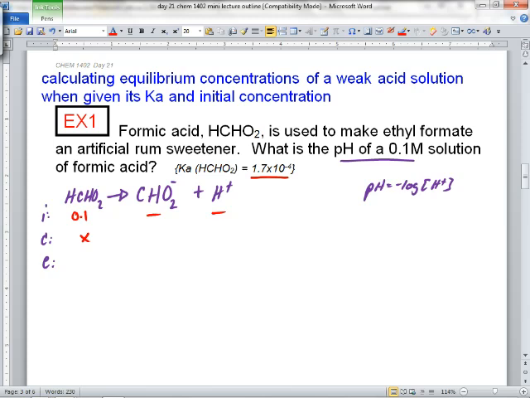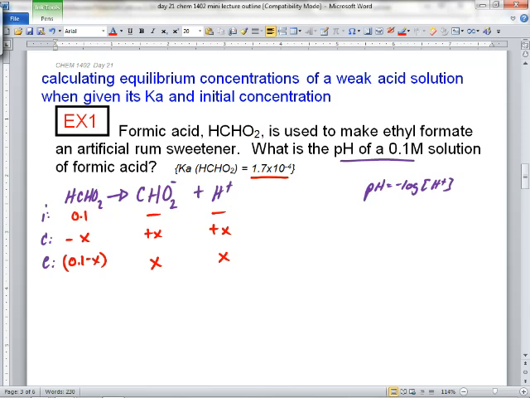So we put a negative X or positive X? Negative X. Yeah, these are positive. And then how do we get all of our answers, Eddie, in that equilibrium row? How do you fill out the equilibrium row? 0.1 minus X. Then X and X. Okay.